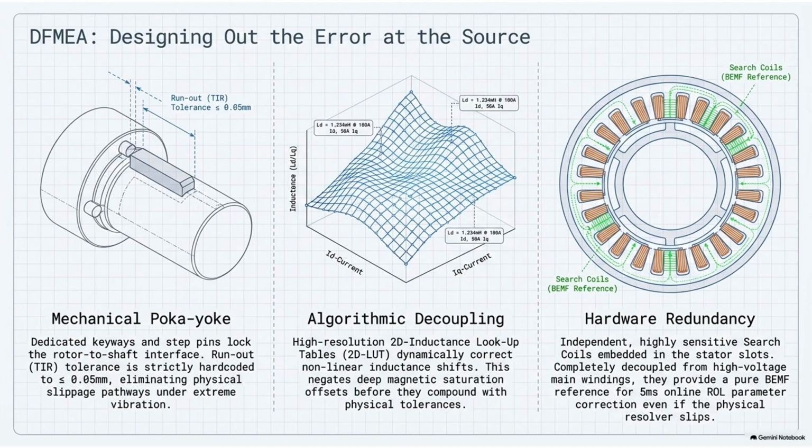And the first preventative design standard is beautifully simple. It's a mechanical poka-yoke. Poka-yoke being the Japanese manufacturing philosophy of idiot-proofing a design so it just cannot be assembled incorrectly. Precisely. The design standard strictly mandates that you cannot just bolt the resolver housing to a flat surface and hope the friction of the screws holds it against vibration.